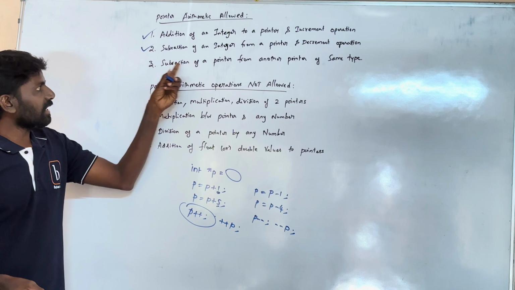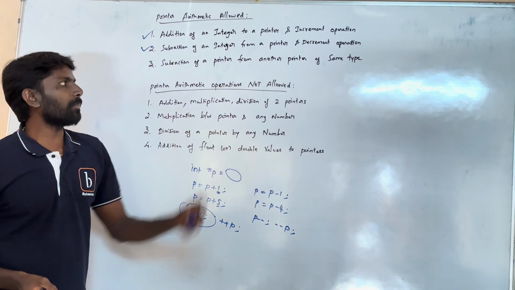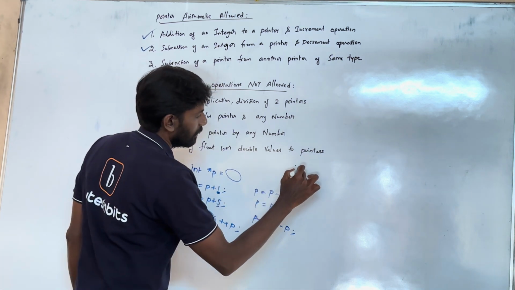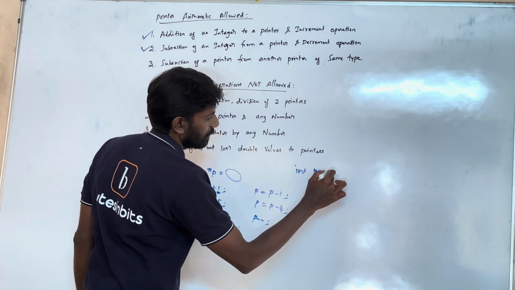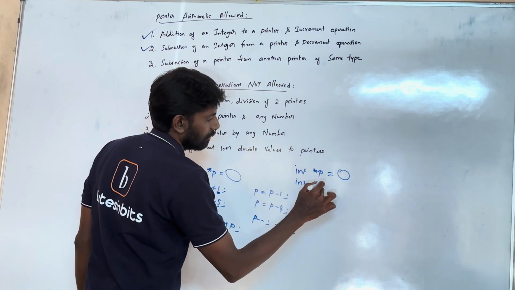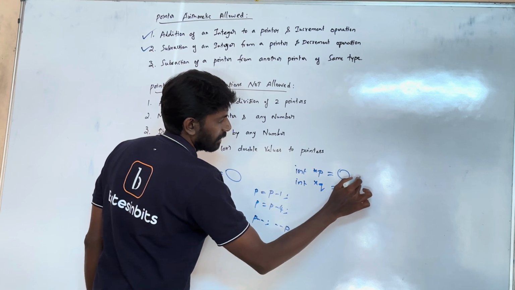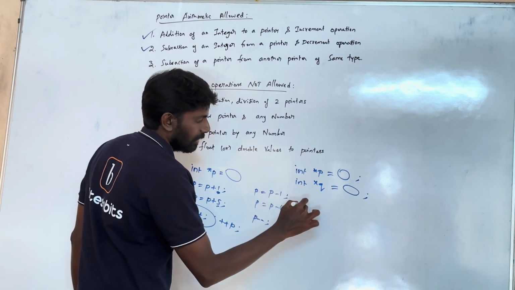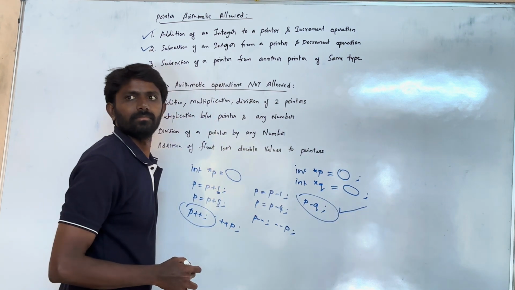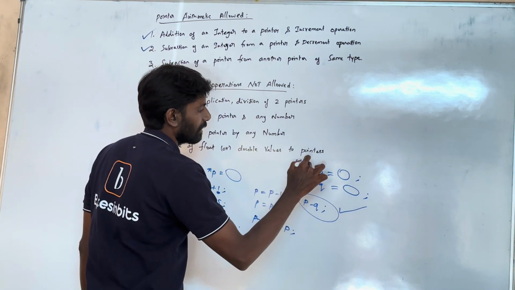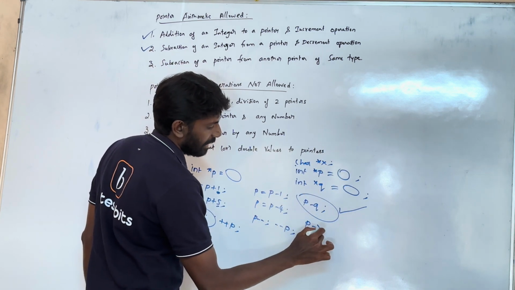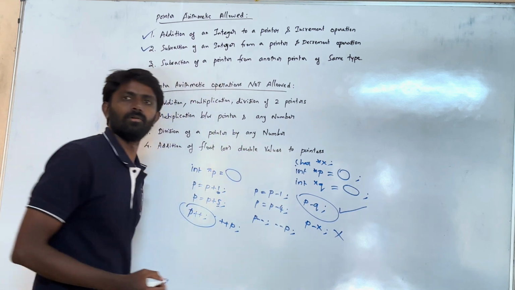Next, subtraction of a pointer from another pointer of the same type. Let's take one integer pointer p, holding some address, and another integer pointer q, holding some address. If you are doing p - q, this is allowed. Suppose you have a character pointer x; if you are doing p - x, this is not allowed.